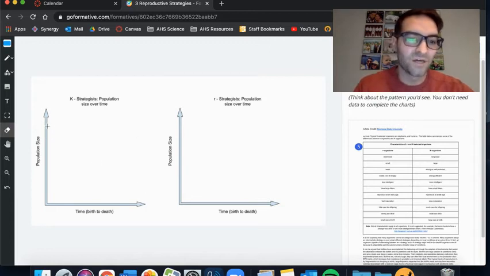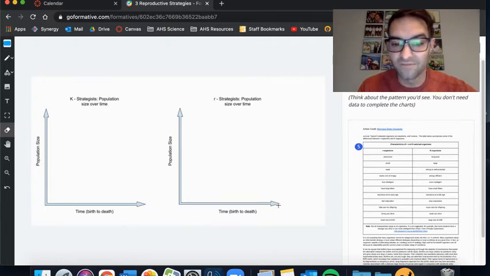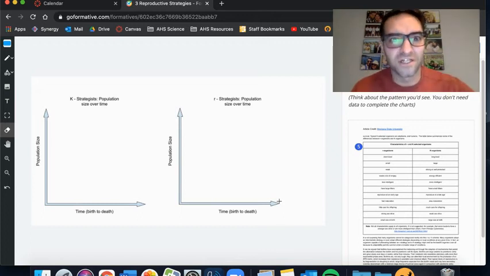Okay, so your K strategist and your R strategist will have a different population size initially, and they will then both achieve some survival by what would be death, right? The end of the species, if you will. So before the next generation, I should say.